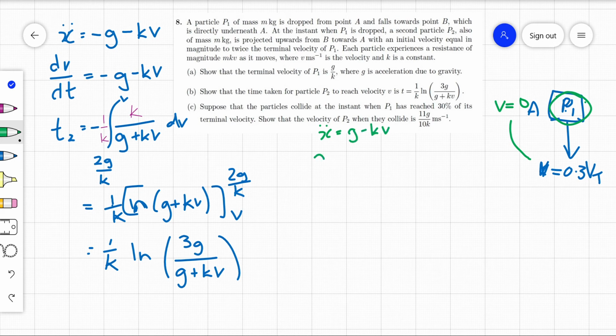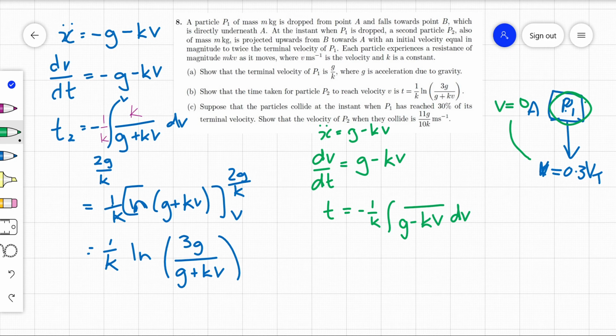So if we use v to t, we are going to get g minus kv there. If I tip everything upside down, I need a minus k, therefore I divide by a minus k, so I've got minus 1 on k at the front.